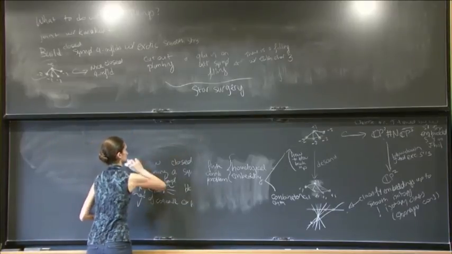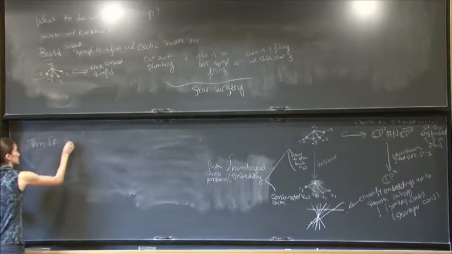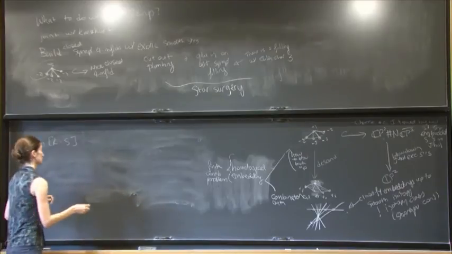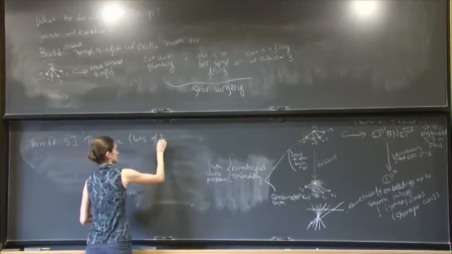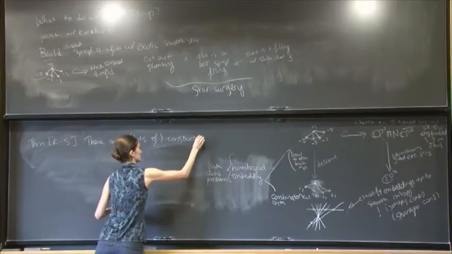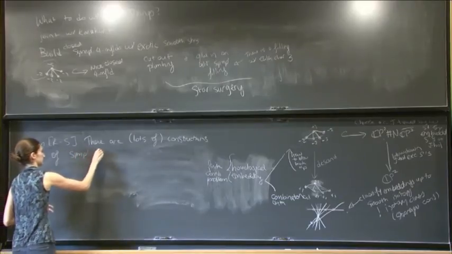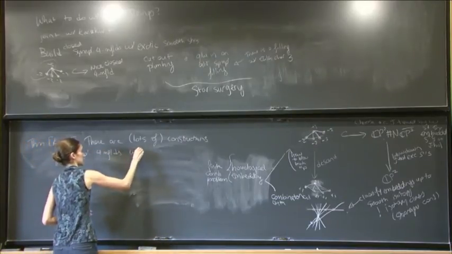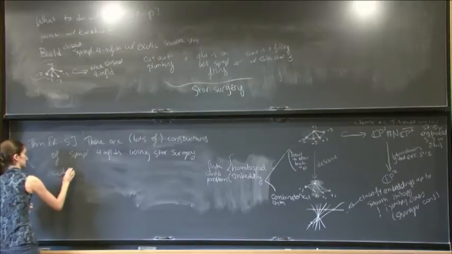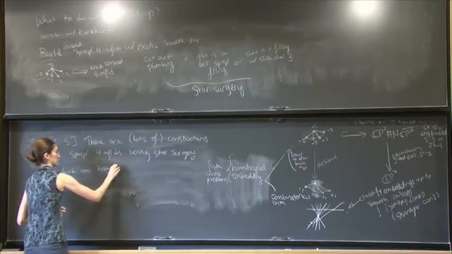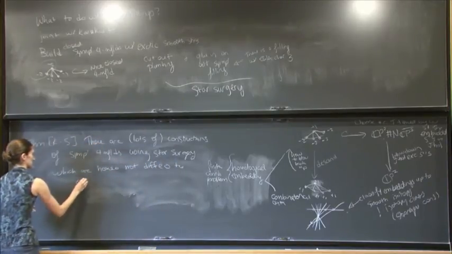So what sorts of things can we construct using this? What we could show is there are lots of ways to construct symplectic 4 manifolds using star surgery, which are homeomorphic but not diffeomorphic, so they're exotic copies of various blowups of CP2.